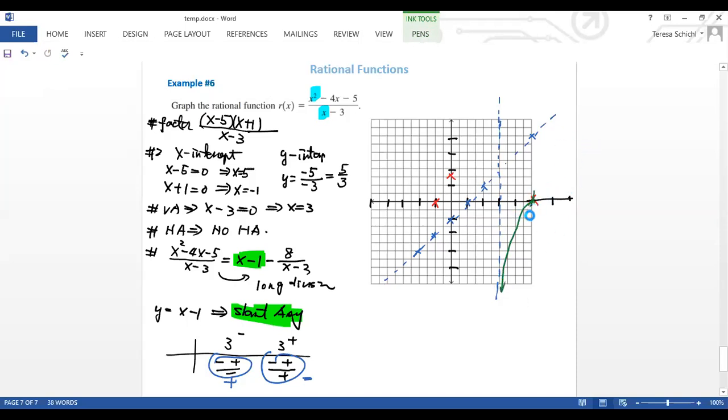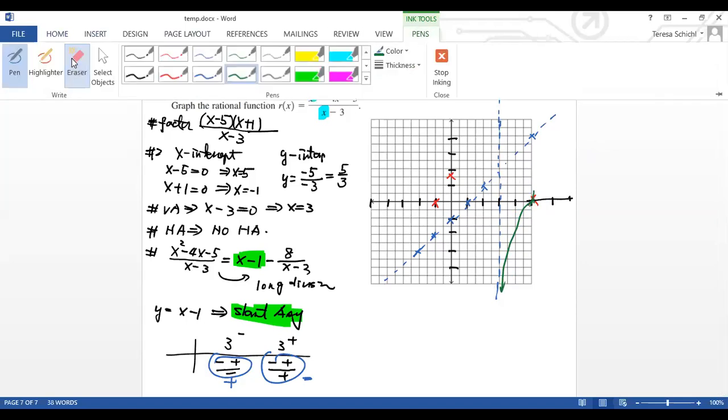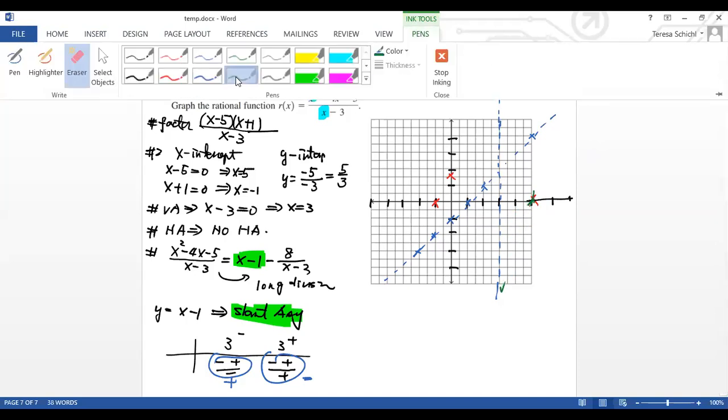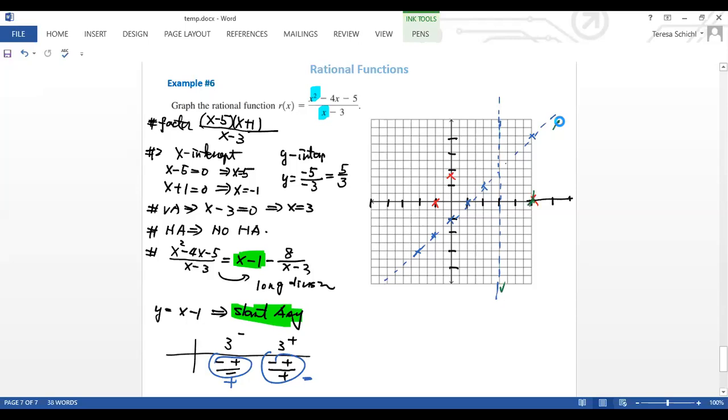And this leg I need to be very careful with, this is very difficult to graph. This leg is going to approach the slant asymptote, so it goes kind of like this, and this one goes like this toward the slant asymptote.